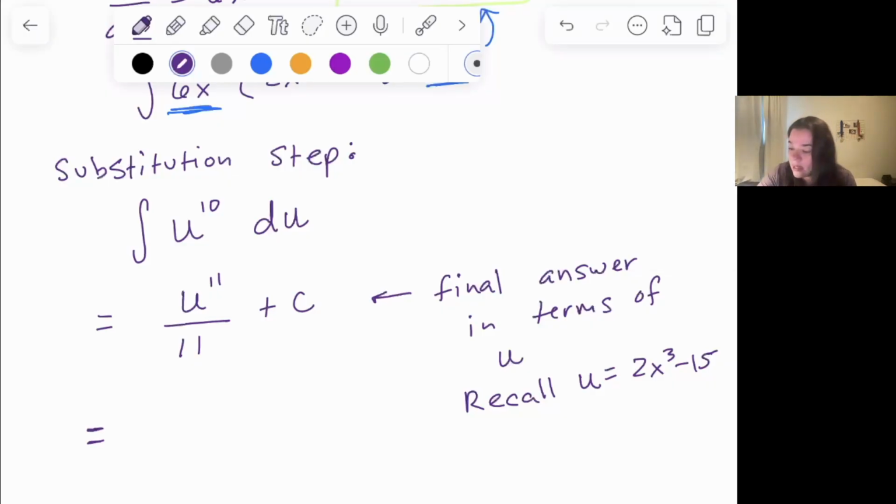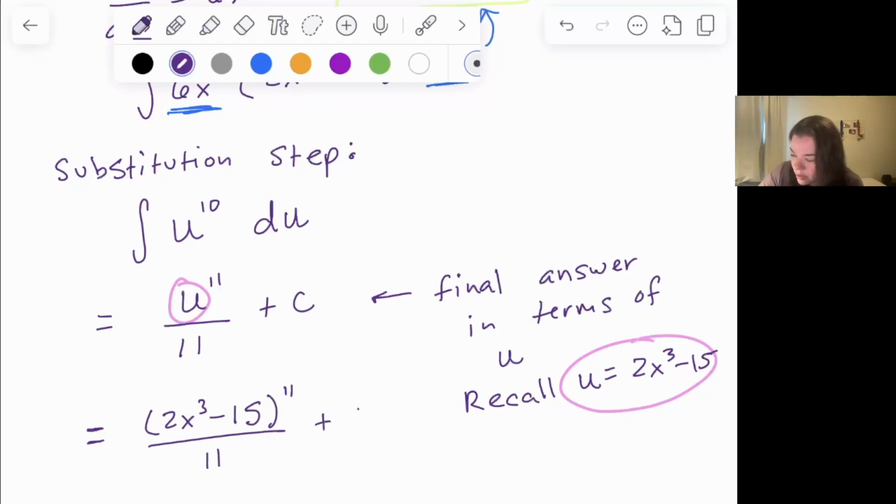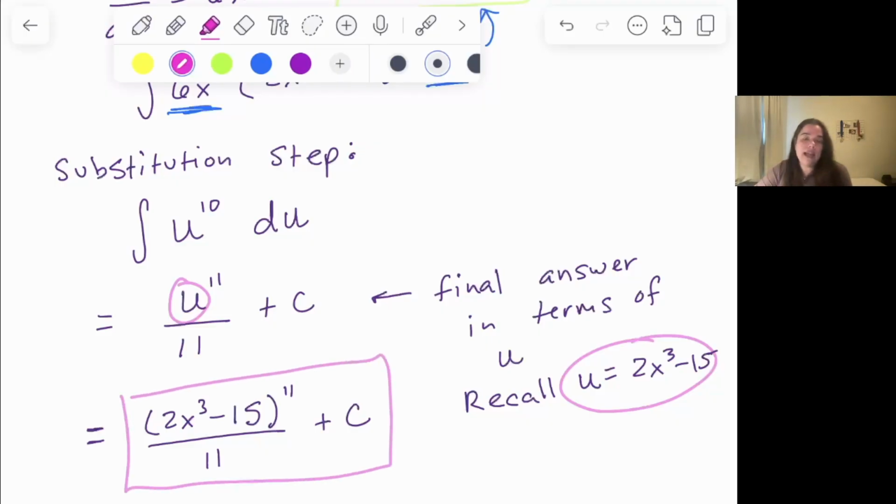Instead of having u, let's replace u with who it's equal to in terms of x. So our answer will be 2x cubed minus 15 to the 11 over 11 plus c. So there is our final answer in terms of x.